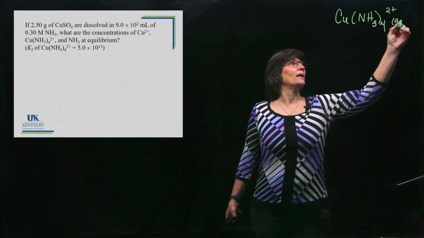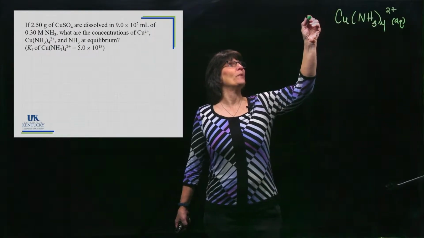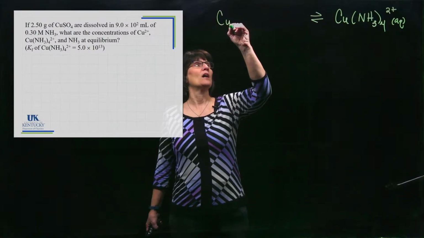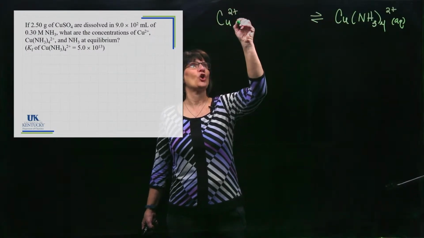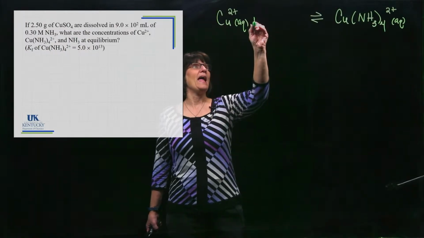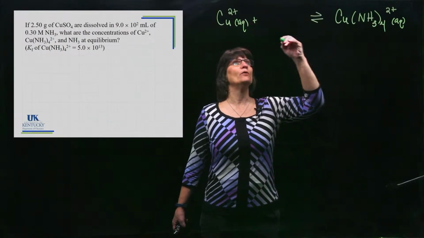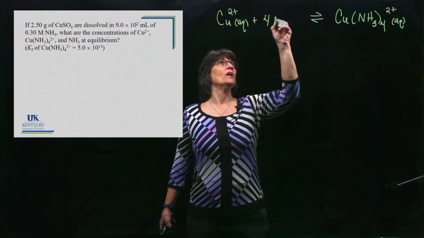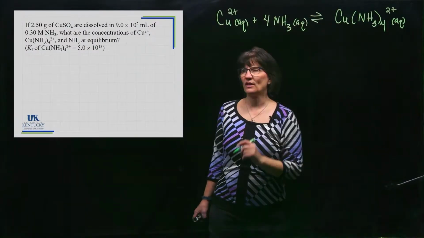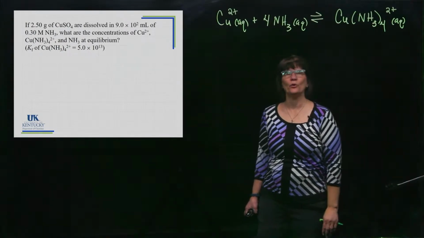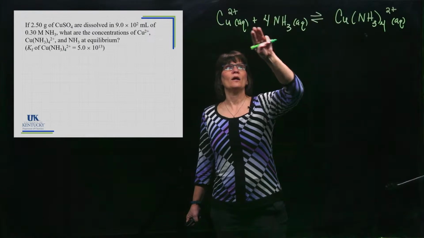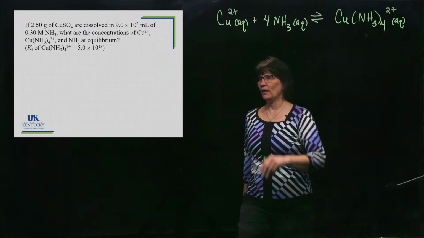What do we form it from? We form it from the central metal. Copper has a 2+ charge, that's its central metal cation, and it has 4 ammonia molecules. Ammonia is a neutral molecule, and there is the reaction. That's the first thing that you have to be able to do: write what you're forming on the right, the central metal and the ligands that formed it on the left.